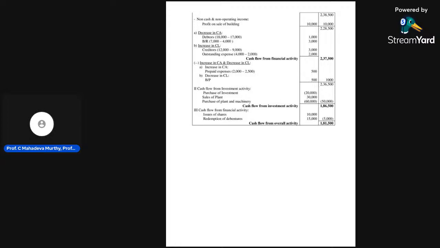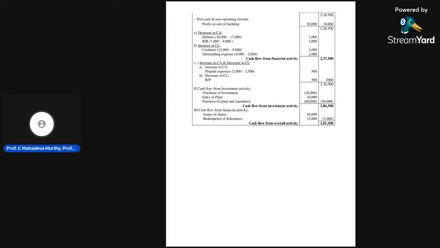Cash flow from financial activity is rupees 2,37,500. Then less: increase in current assets and decrease in current liability. Under A, increase in current assets: prepaid expenses increased by 500 in the inner column.